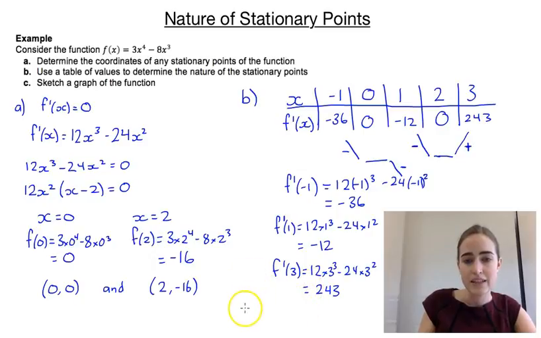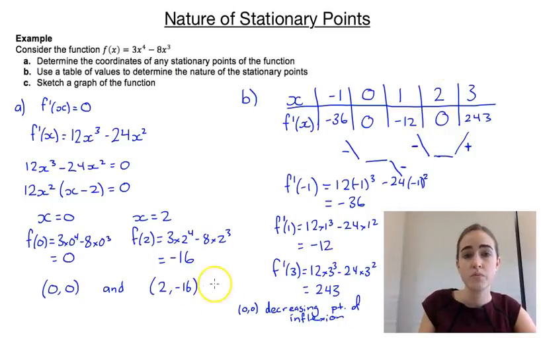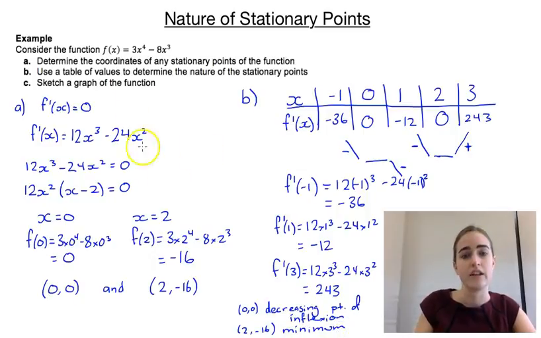What that means is (0, 0) is a decreasing point of inflection, and that the point (2, -16) is a minimum point, so it's going from decreasing to increasing. All right, so that's parts A and B. We found where the stationary points are and we found their nature.